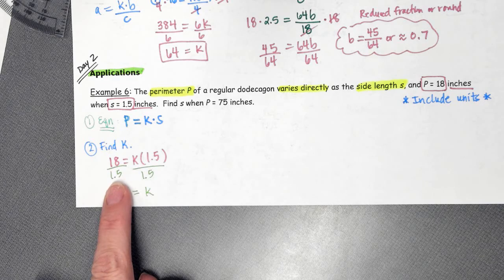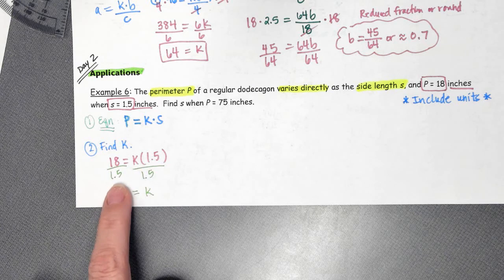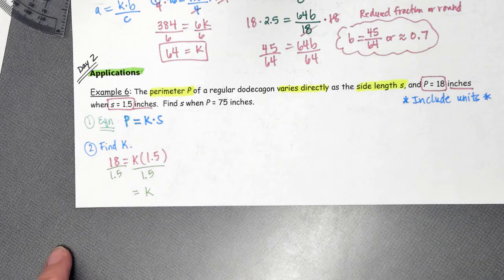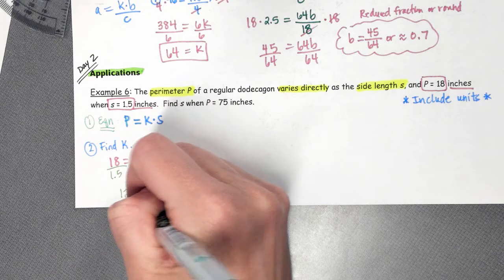If it's 1.5, what could you multiply both those by? I would just multiply by 2, because what's 1.5 times 2? 3, right? What's 18 times 2? 36. So 36 divided by 3 is 12.